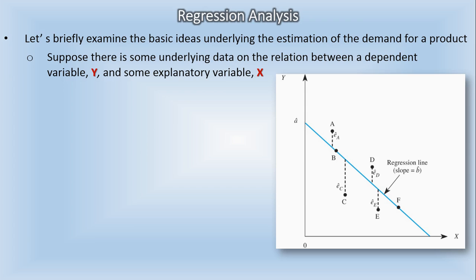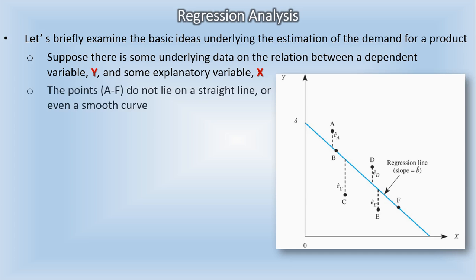So we have this point here, B, C, D, E, F. So just information you got from markets, different areas. How much are people buying at this price? In this case, I have five data points, 5 datums as they're called.